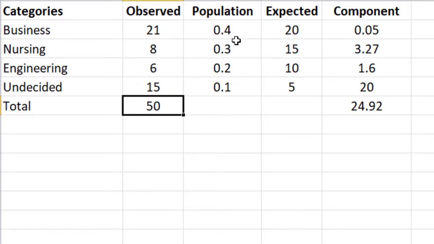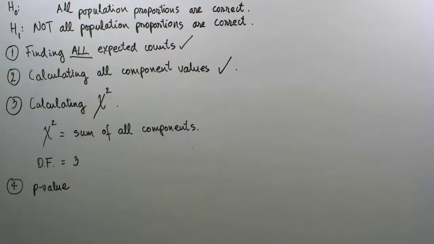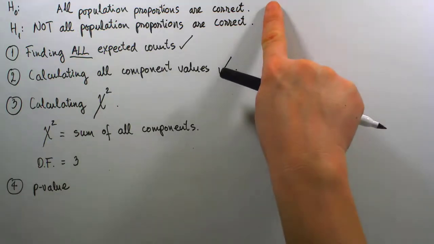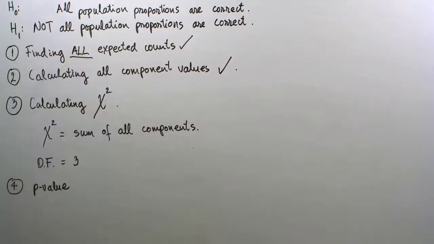That might come closer to agreeing with the population proportions distributed here. So we want to calculate the p-value of this particular sample to decide whether or not we have strong evidence to reject the acceptance of this H0 statement.